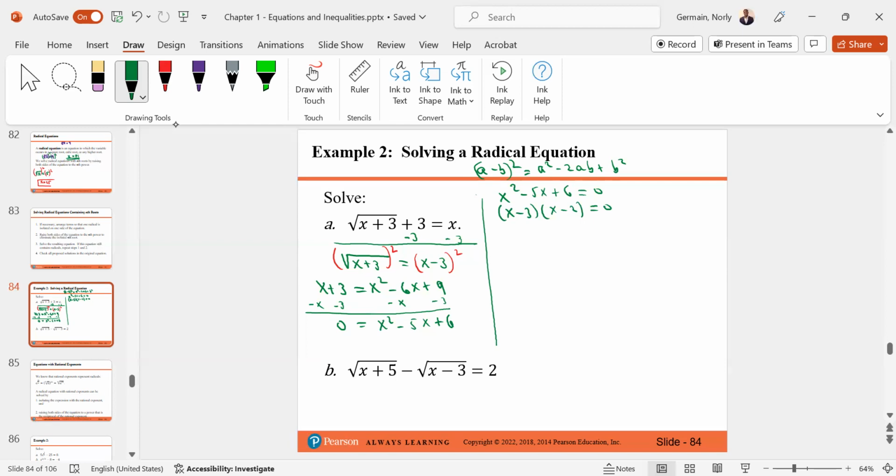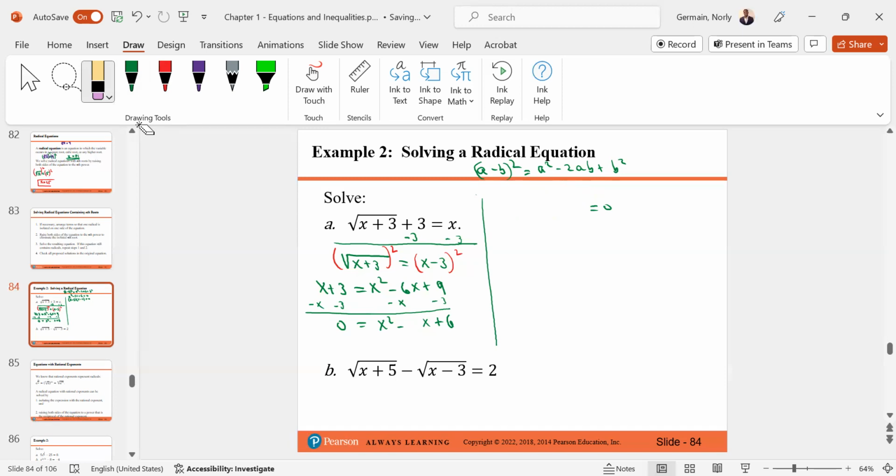Okay, let's try it this way. What do you see from there? I see the problem, because 6x minus x doesn't give us negative 5x. So all of this is incorrect.